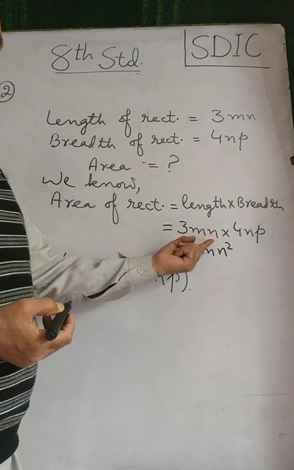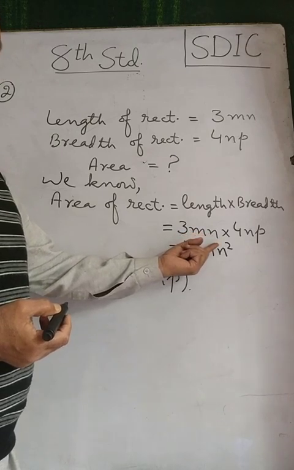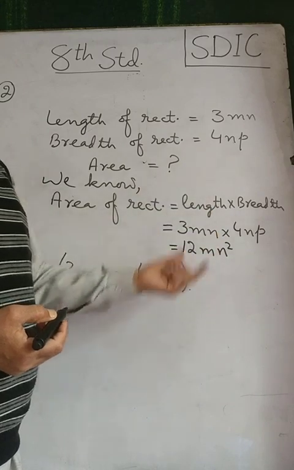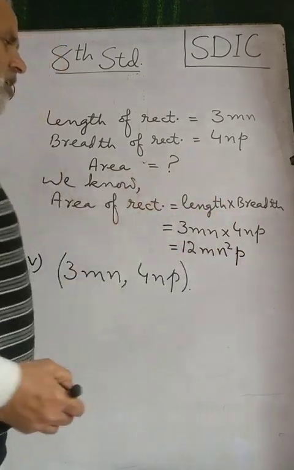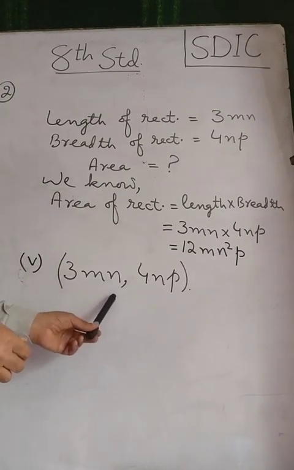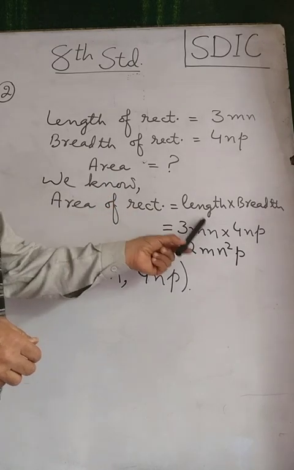Therefore, again, if you want to introduce that, you can write p raised to power 0 in the first monomial expression and then use the rule, bases are same, powers are added, 0 plus 1 will again become 1, so it will again be p. This will be the area of the rectangle, which has length as 3mn, breadth as 4np.